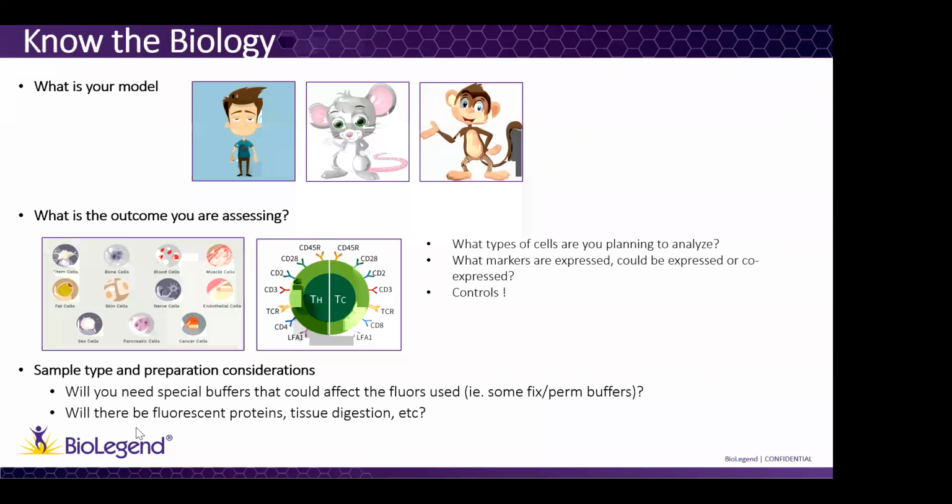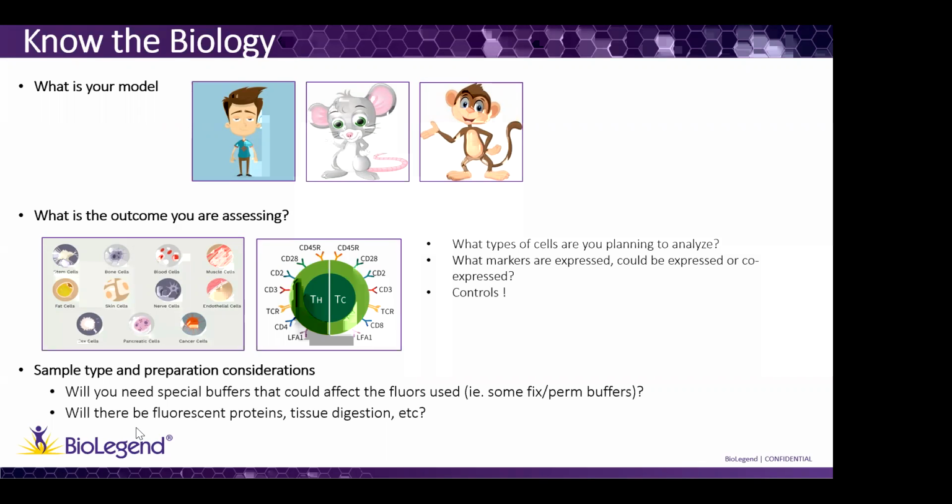So firstly, about the biology. So you may know that at BioLegend, we are helping our customers to build panels. And usually when the customers come to us, we first ask several questions like, what is your model that you are using, whether it's a human, whether it's a mouse, or is the non-human primate, and what is the outcome you are assessing and which kind of cells you are using.